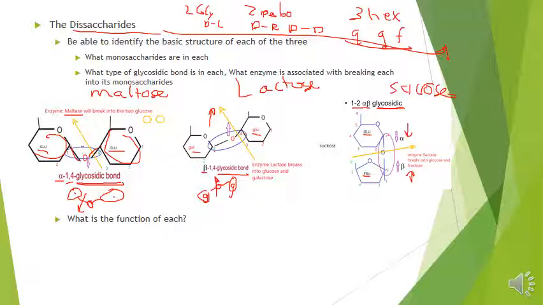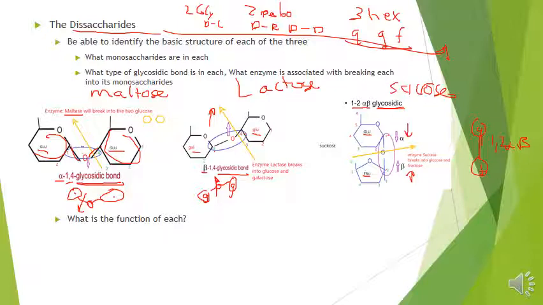And then you have sucrose, glucose and fructose, and that's 1, 2 alpha beta glycosidic. So you have to recognize these types of bonds.